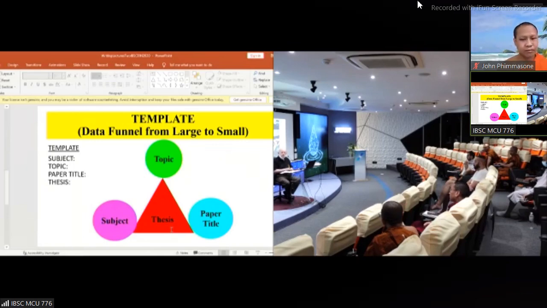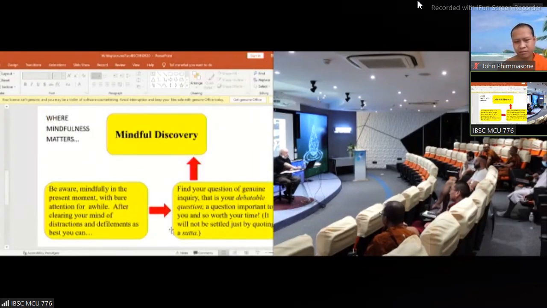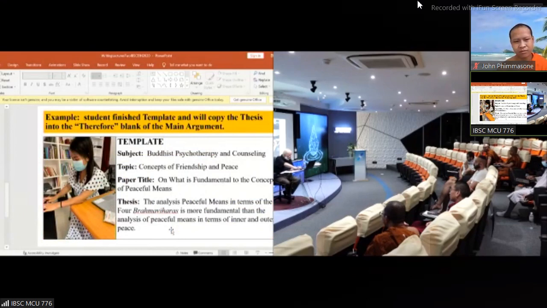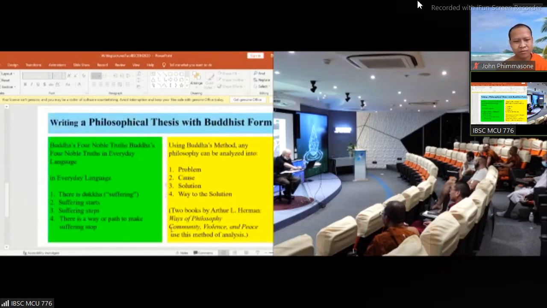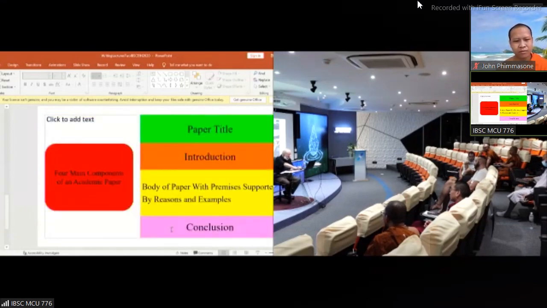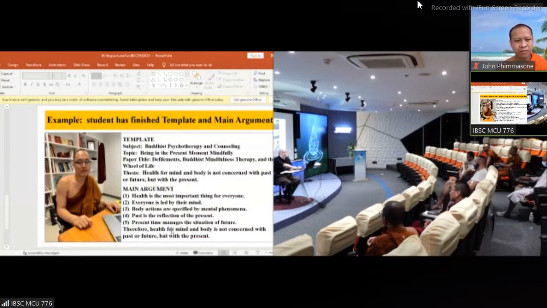Okay, I'll show you some more examples from students. Here they are. So here's a student who has finished the template and main argument. And you can see what I've just said demonstrated here. His thesis is health for mind and body is not concerned with past or future, but only with the present.